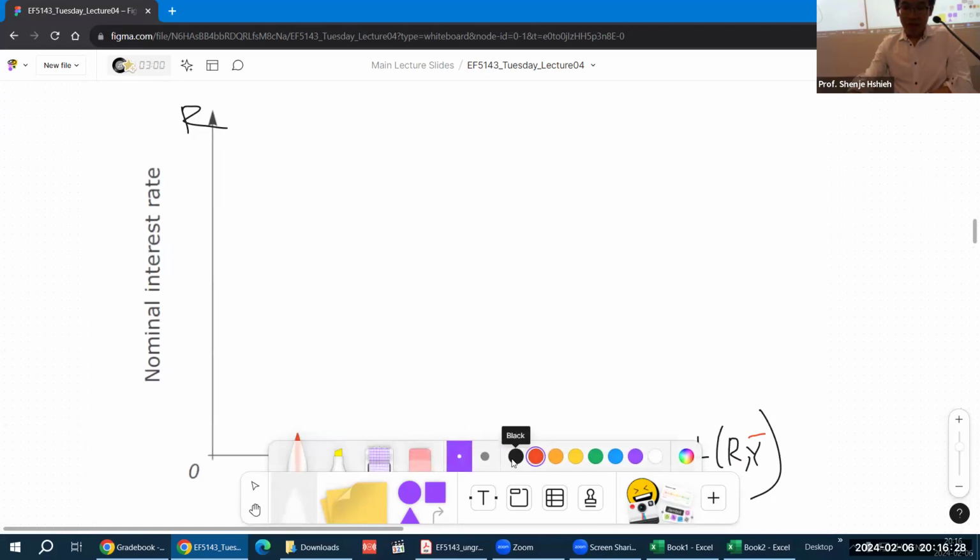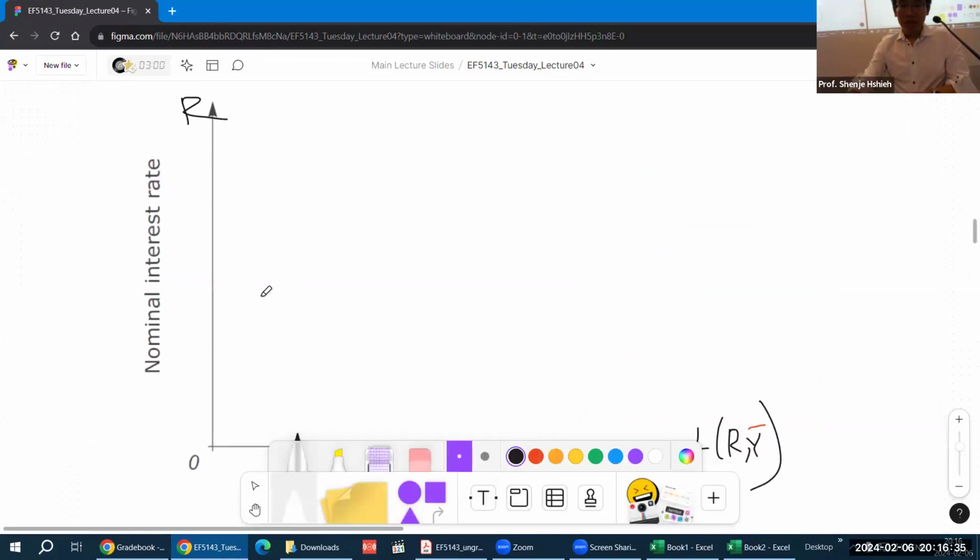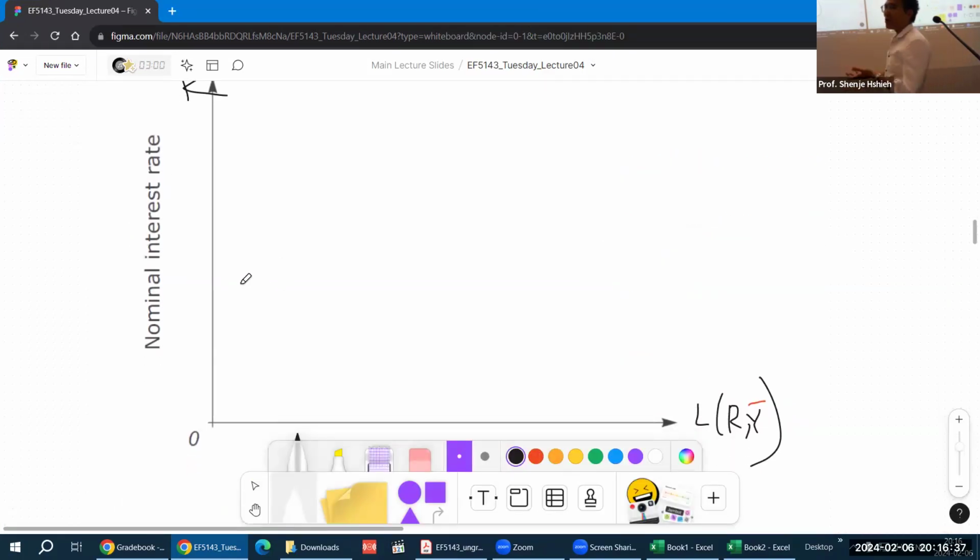We want to understand the shape of this curve, and the intuition again is R is your opportunity cost of holding on to liquid cash. So the higher R is, the less likely you want to hold on to cash. So at very, very high R, you don't want any cash. So you're up here. If interest rates are 0, then there's really no reason for you to store money, otherwise you pay a storage fee.